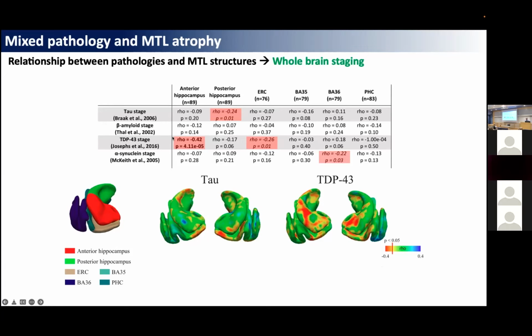However, only the association of TDP and the anterior hippocampus survived correction. The surface-based analysis also showed the same results, with TDP being more associated with the anterior MTL, tau with the posterior MTL, but also with the entorhinal cortex here.